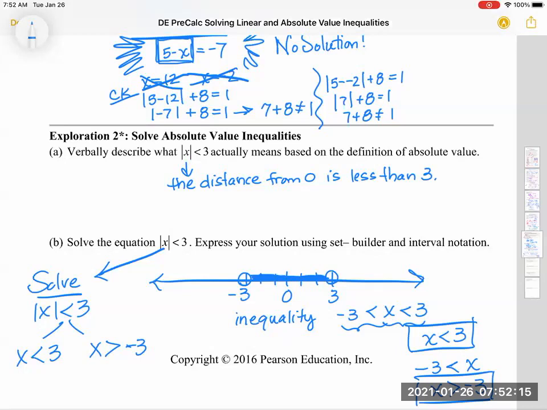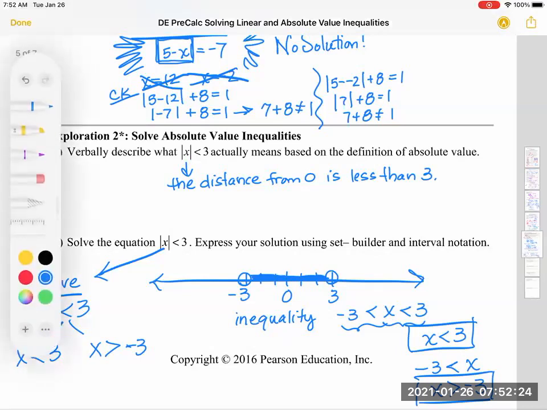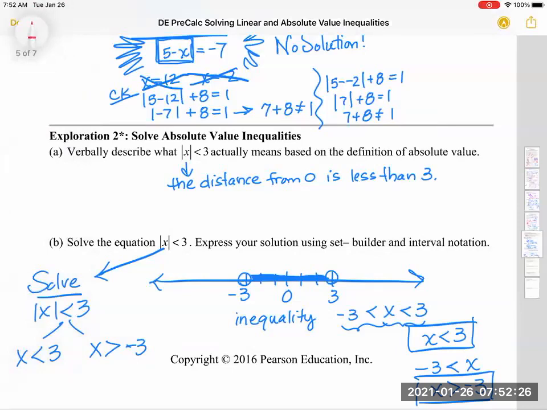Now, we did inequalities, we did a graph. Let's talk about set builder notation and interval notation. Your set builder notation, let's see here, where can I squeeze this in? I guess I'll put it right here. Set builder notation is going to be the curly brackets.